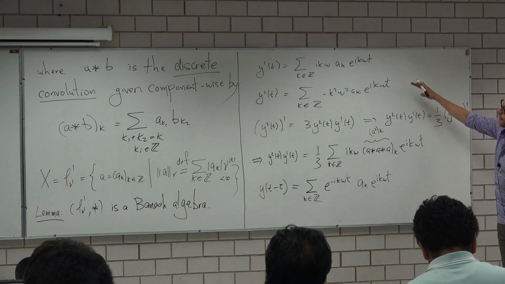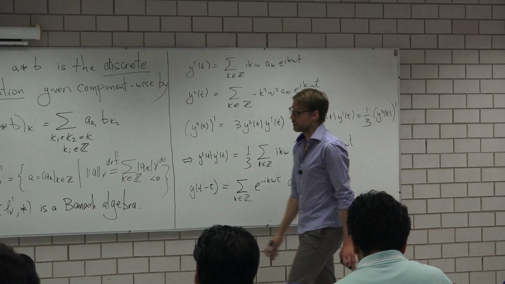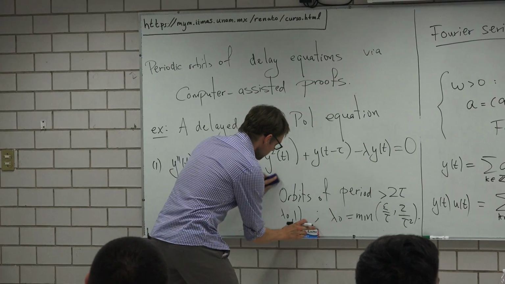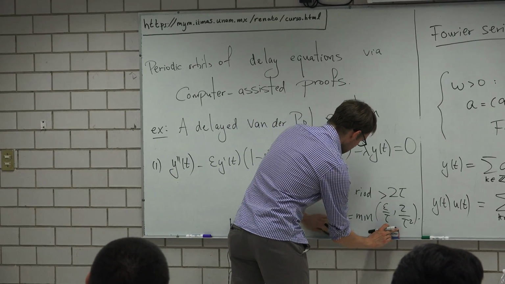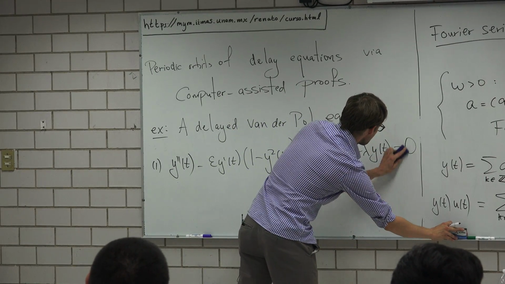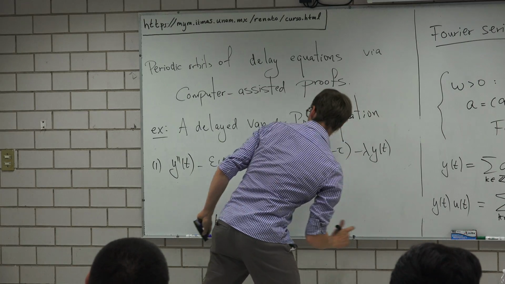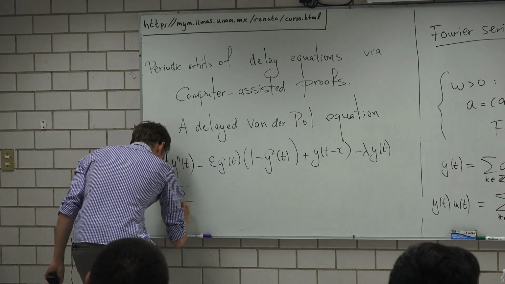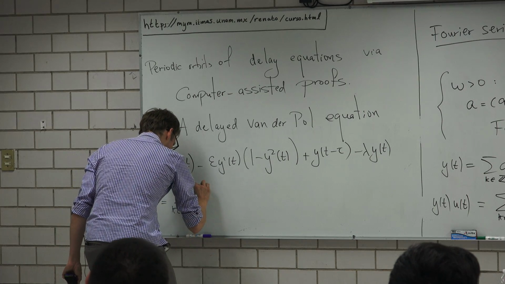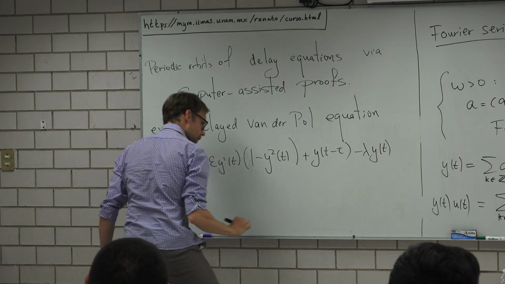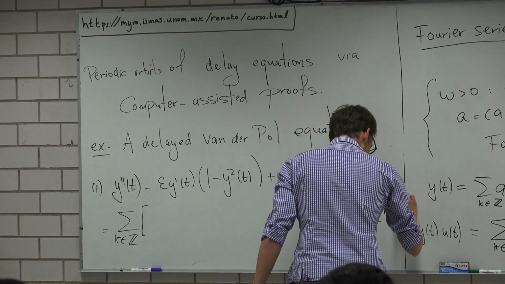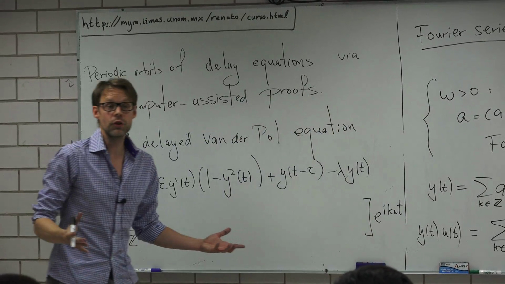Okay, so now I have basically all my Fourier expansions. So now I can go here and write down that equation in Fourier space. If I remove the 0 here, then what do I get? I get that this is equal to the sum over k in Z of something times e to the ik omega t, and I just need to collect the coefficients.